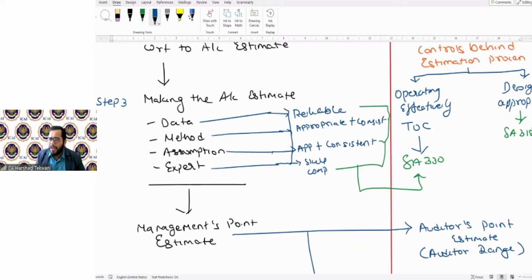Usually, fair value estimates are used for derivative financial instruments which are not publicly traded, or when you are developing specialized entity-developed models used for some complex accounting. Then those fair value estimates are used.